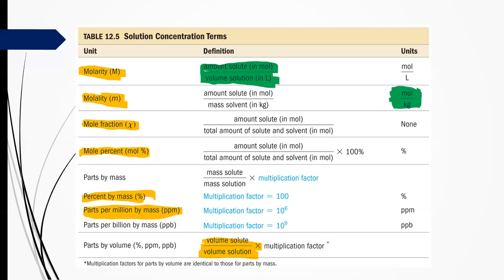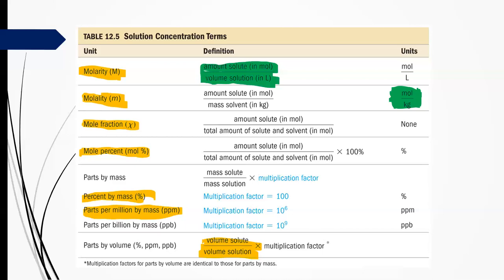Molality is used much more often when we have changes in temperature going on. That's because molality doesn't change with a change in temperature, but molarity can sometimes change because materials expand or contract with an increase in temperature. Our molarity is defined with a volume at the bottom.